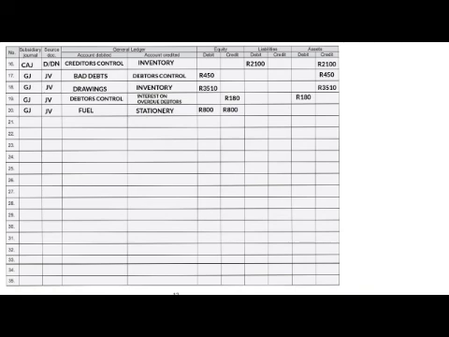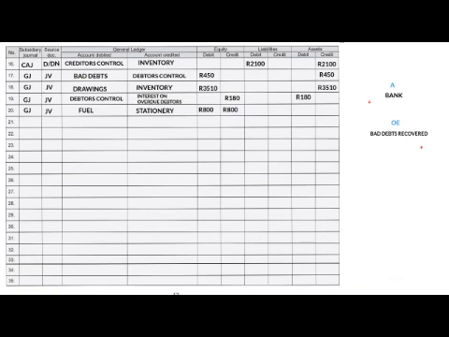So the two ledger accounts involved in this transaction will be bank and bad debts recovered. Bank is classified as an asset. Bad debts recovered is classified as an owner's equity. You are receiving money, so your bank account will go up. And bad debts recovered is an income, so it has a positive effect on owner's equity.